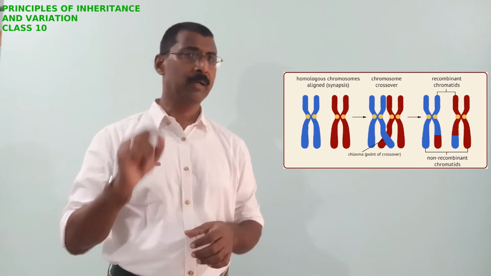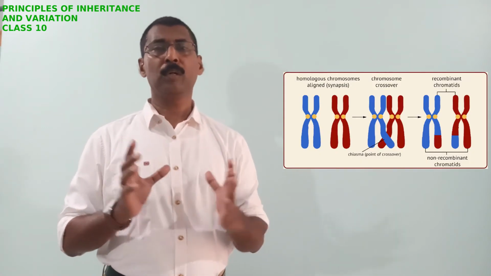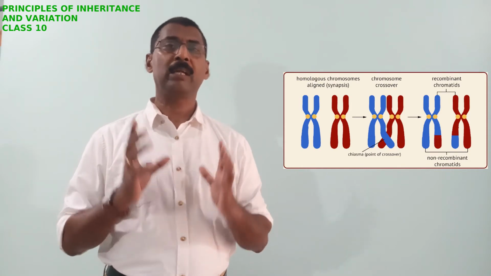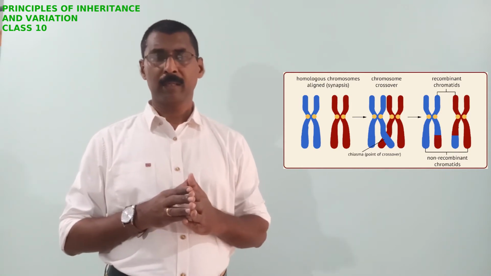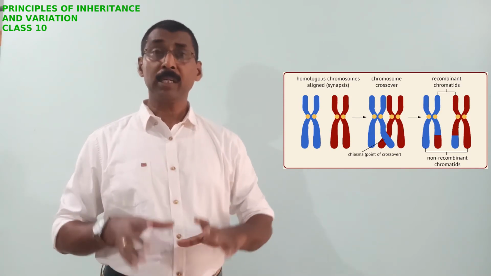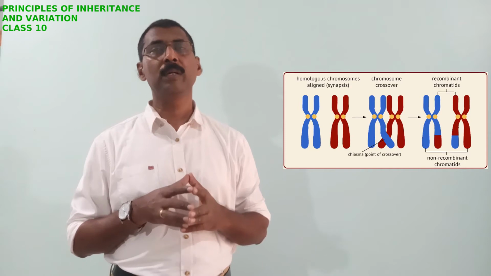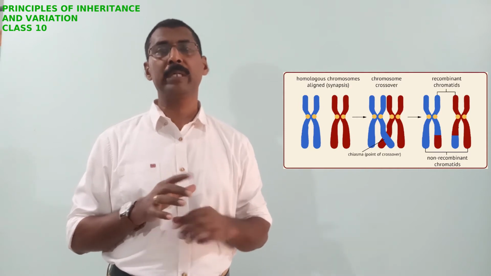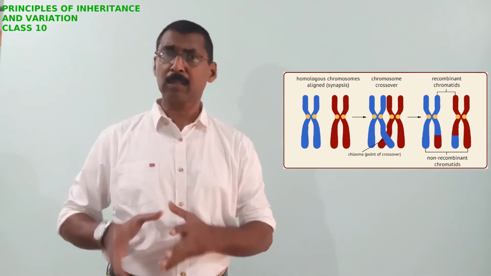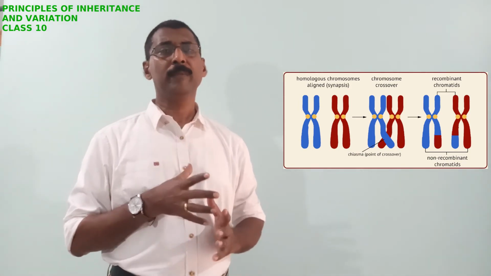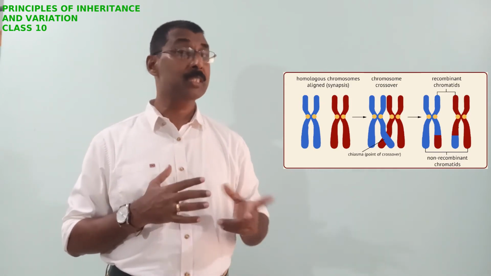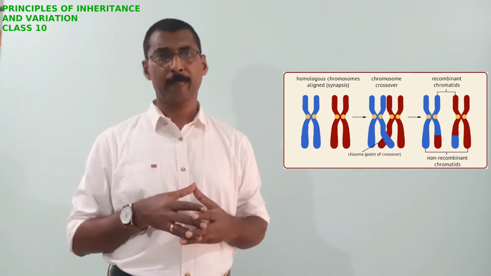Each chromosome in the bivalent form, and two homologous chromosomes together form a tetrad. In the tetrad stage, the chromatids of the homologous chromosomes are called non-sister chromatids. The chromatids of the same chromosome are the sister chromatids, and the chromatids of the other chromosome in the homologous pair are the non-sister chromatids.